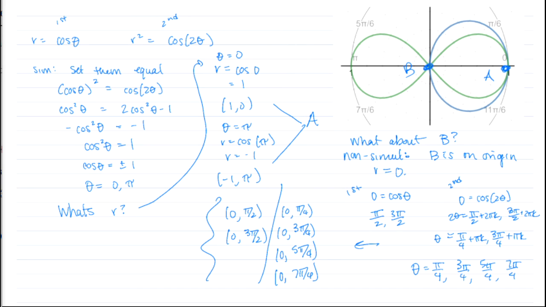And all of this together makes up your point OB, not Z, B. So that is how you do one of the r squared ones.